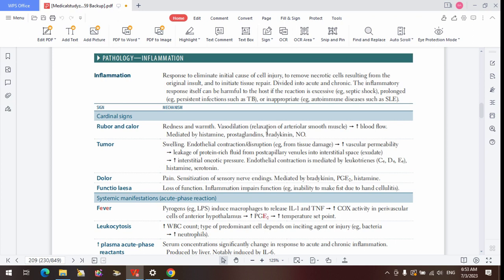We want to remove the necrotic tissue or the dead tissue that the offending agent has caused. Then if there's any damage that is there, we want to repair it. That is inflammation. So response of vascularized tissue to an insult by bringing in leukocytes, by bringing in other molecules of inflammatory response like the complement proteins, in order to remove the injurious stimuli, to remove the dead tissue that the injurious stimuli has caused, and to initiate tissue repair.